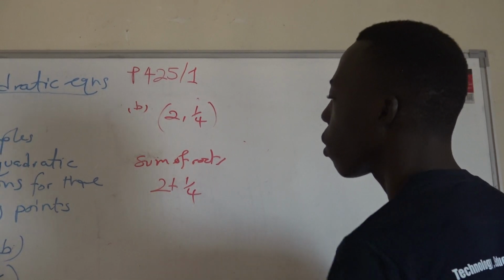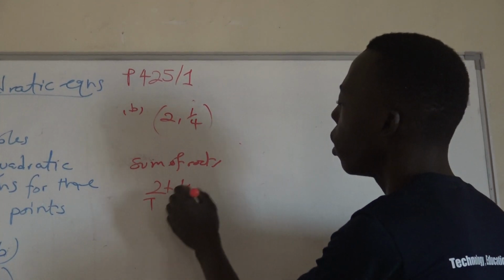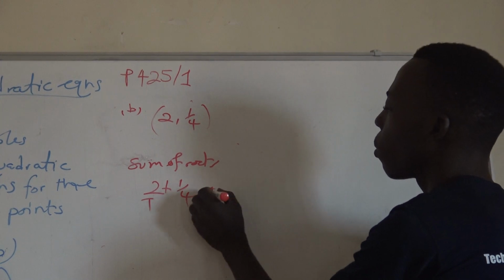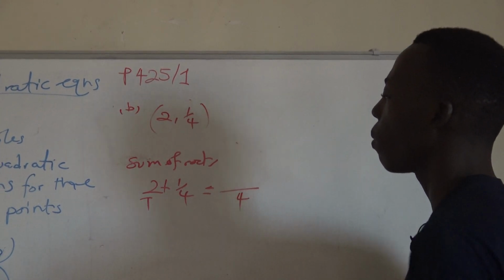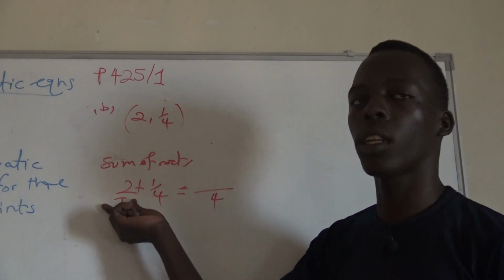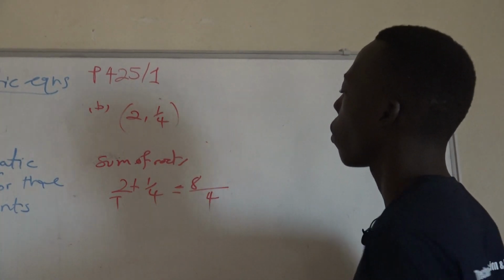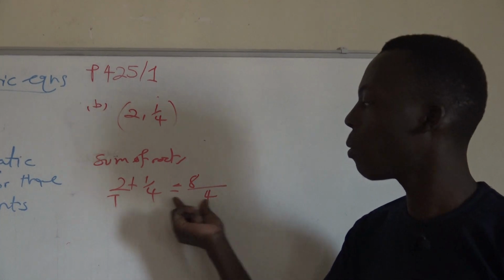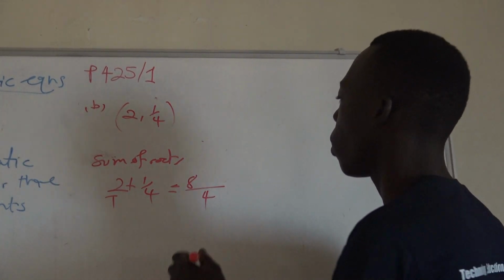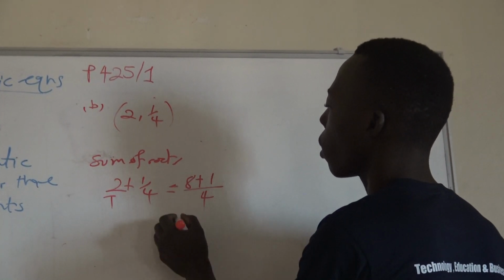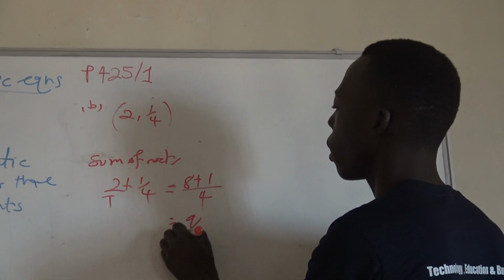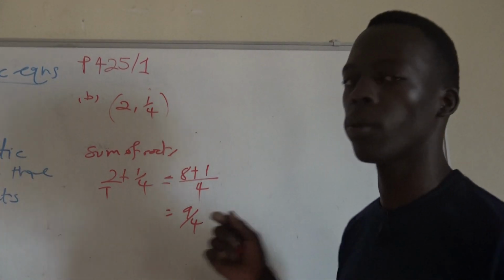For this case, you continue by getting the LCM. LCM will be equal to 4. Then 4 divided by 1, you get 4, then times 2, which is 8. Continue this side. 4 divided by 4, you get a 1 times a 1, which is plus 1. So it will be 9 out of 4 as the sum of roots.